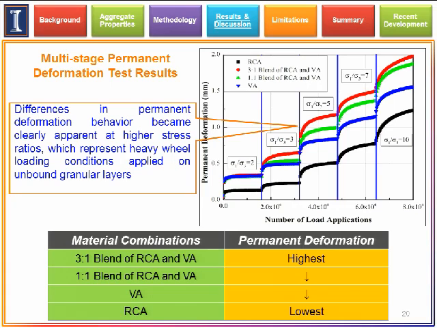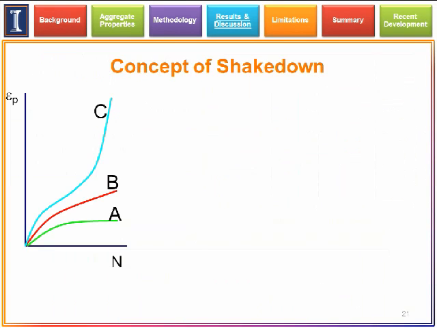So how do you expect to portray the exact permanent deformation behavior at such low stress ratios? You need to come up with higher stress ratios so that the differences in permanent deformation behavior become clearly apparent. And that's what we did. And the result is like this.